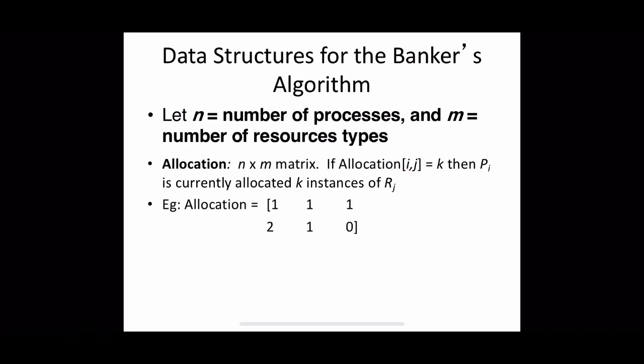Can you see an example for that? So P0 is 1 1 1, that is for process P0, one instance of tape drive, one instance of disk drive and one printer are already allocated. Like that, for P1, two instances of tape drive, one instance of disk drive and no printer are assigned for the time being.